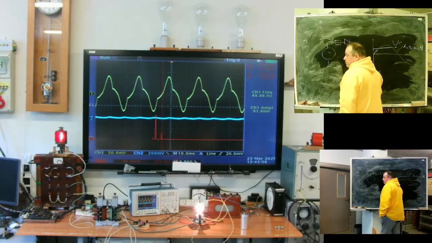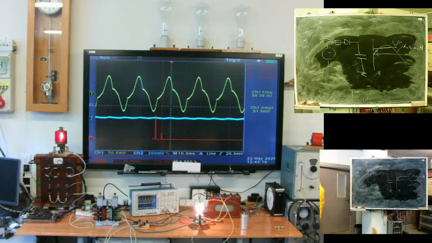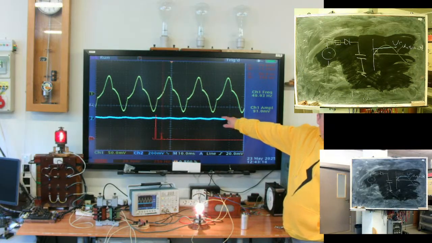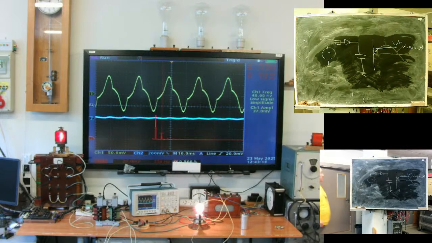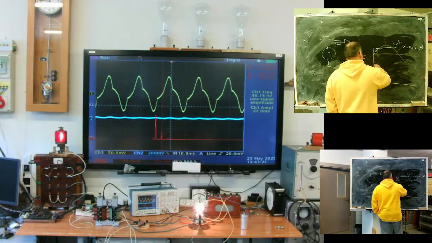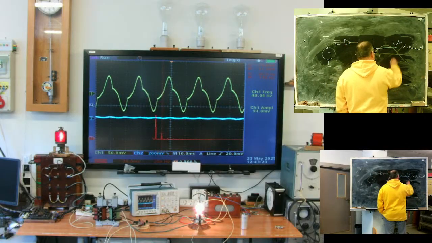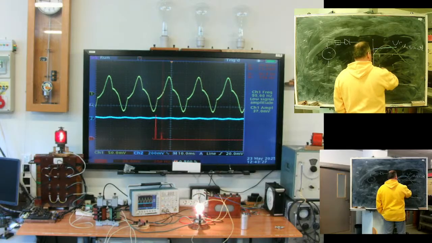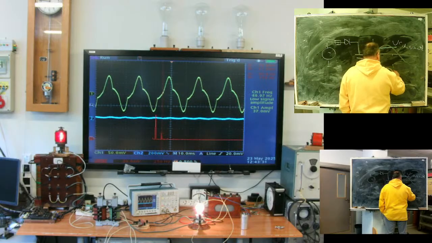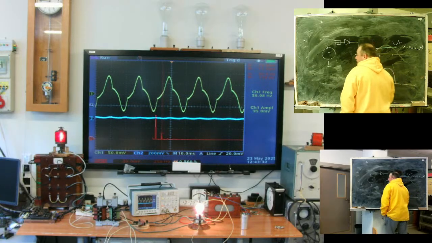Voltage of the charged capacitor: if you have quite a good filter, it changes slightly. And the current will be somewhere, you will see some kind of peak of current.